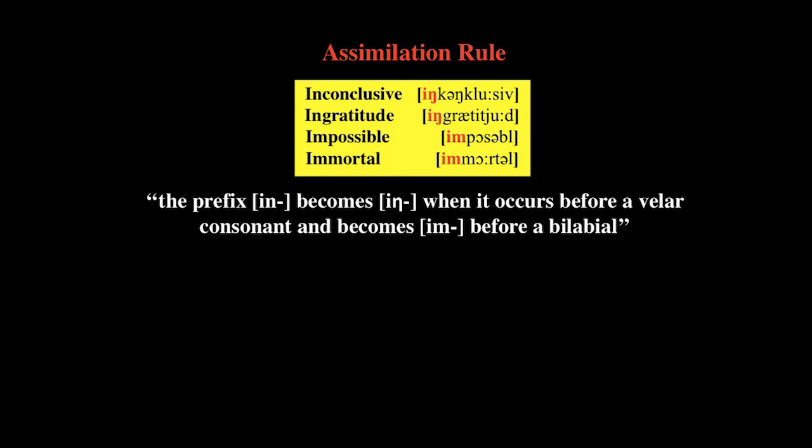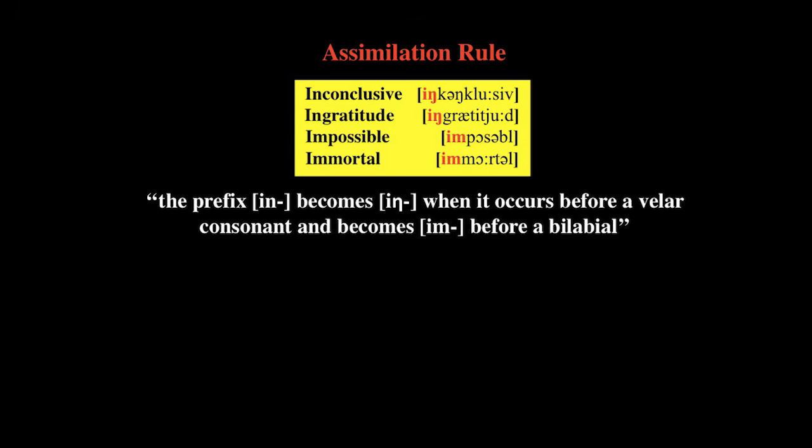And also in becomes im whenever it is followed by another consonant which is minus sonorant, plus anterior, minus coronal. Notice that the difference between a velar consonant and a bilabial consonant is exactly the features of anterior, plus anterior, minus anterior, and minus coronal, plus coronal.